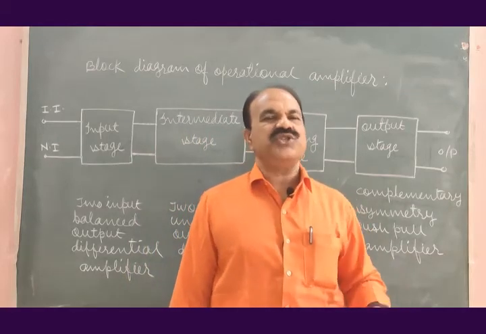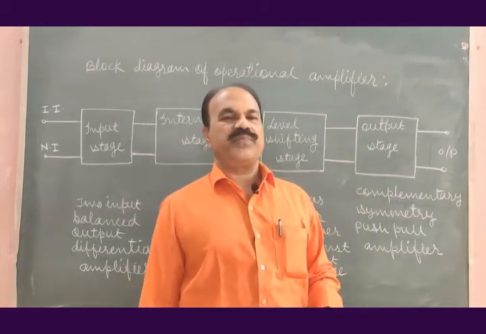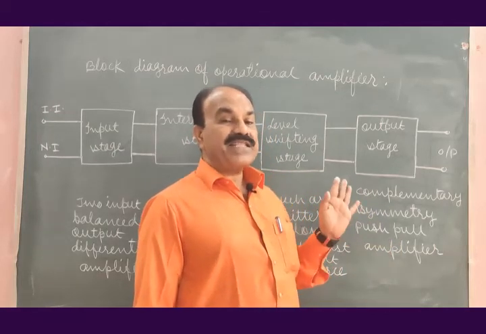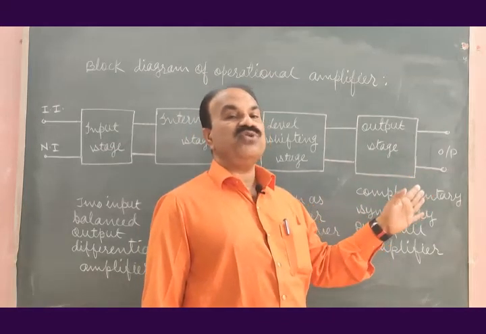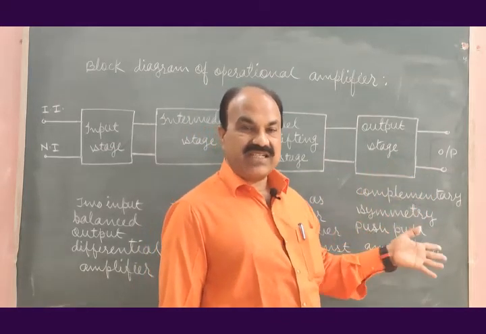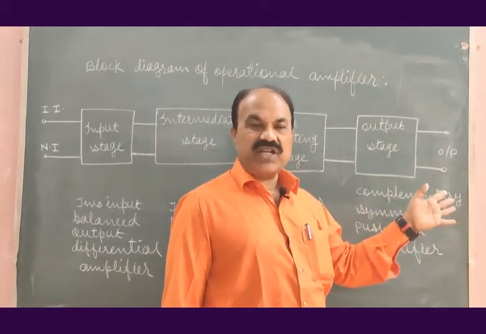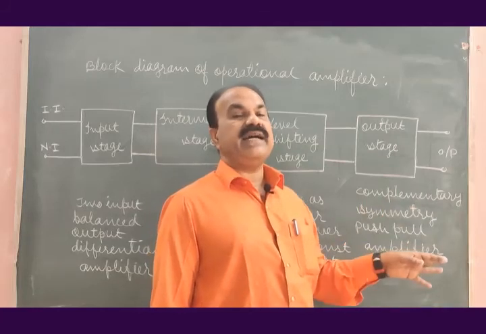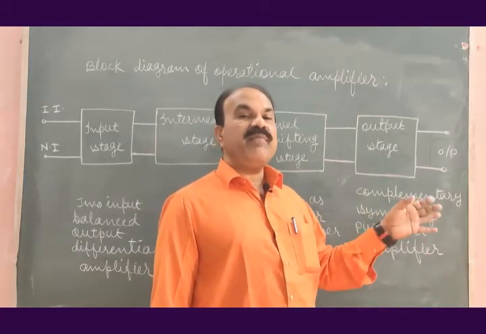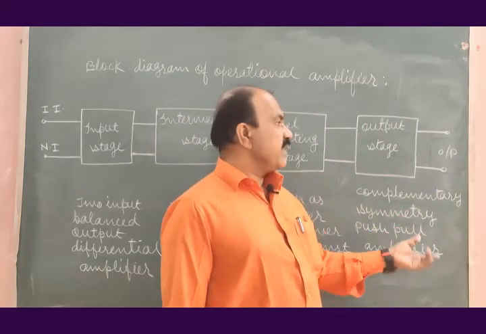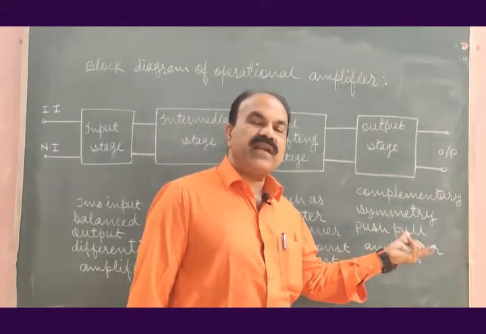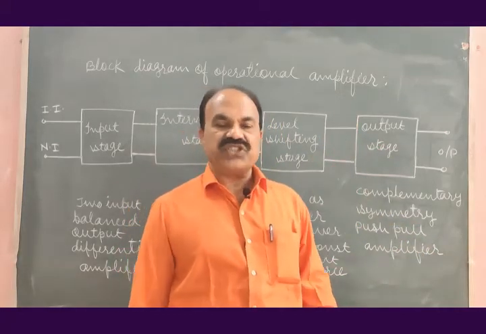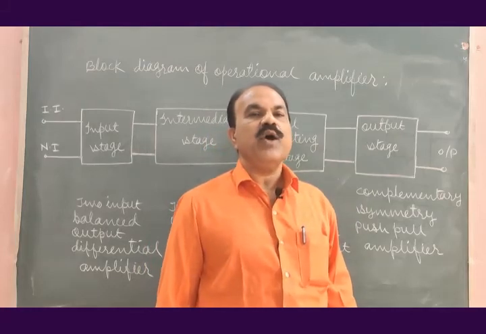Practically, it is not 0. It is very small. So, to provide these two facilities, to transfer maximum power to the output, maximum constant current, maximum constant output voltage as per the requirement, as per the design, and at the same time to provide minimum output impedance, complementary symmetry class B push-pull amplifier is used as the output stage of the operational amplifier.